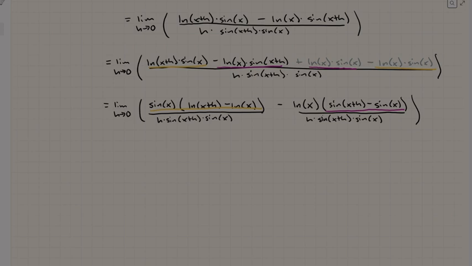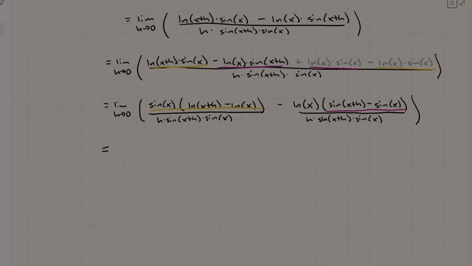All right, awesome. Now it's coming along, right? We have these two limit terms that are separated by a minus sign, so that means we can write two separate limit expressions. We also have sine x multiplied by one, and ln of x multiplied by the other. We can just do all of that at once.